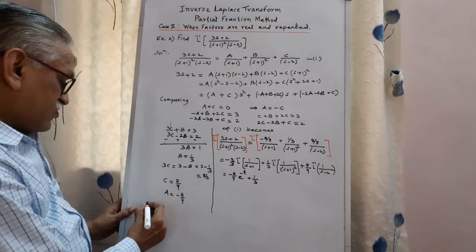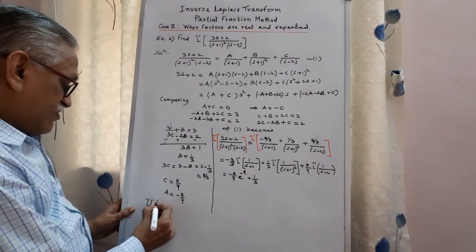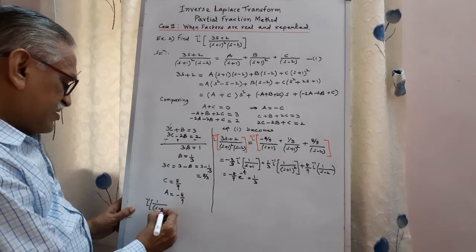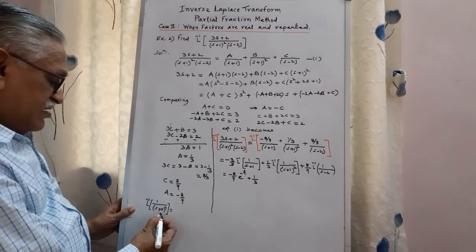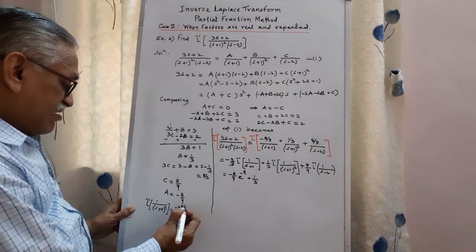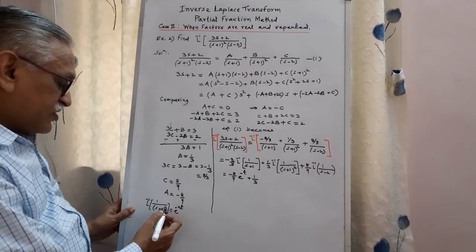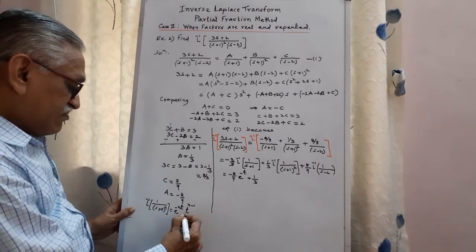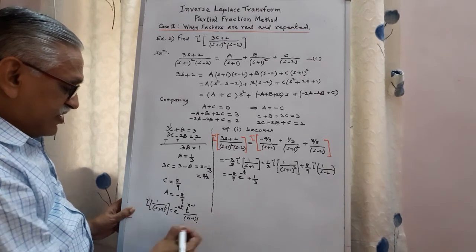It is inverse Laplace of 1 upon s plus a raised to n. It is the shifting theorem, e raised to minus at into inverse of 1 by s raised to n, and when n is a positive integer, its inverse is t raised to n minus 1 by n minus 1 factorial.